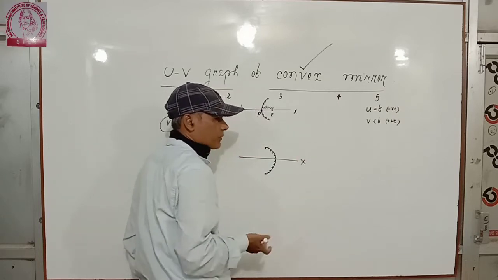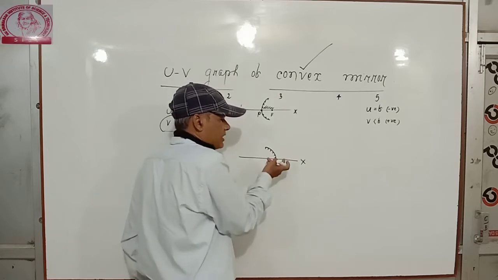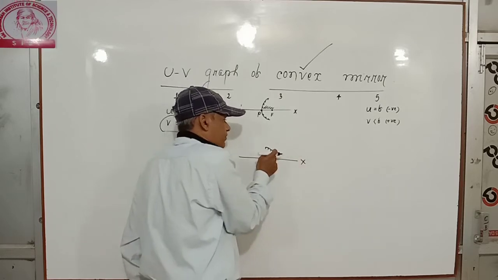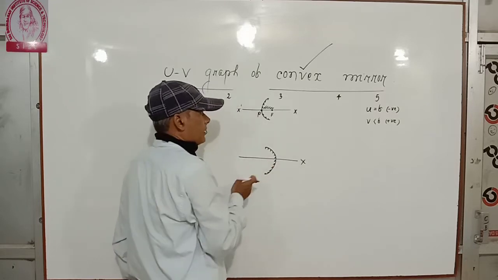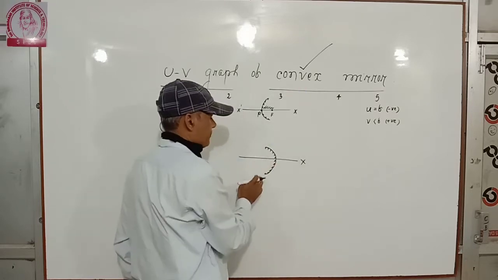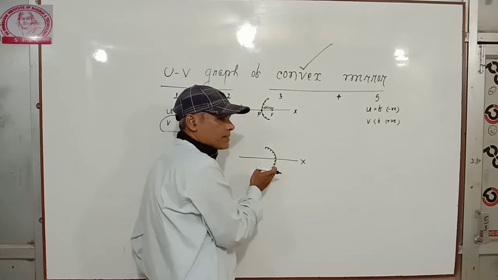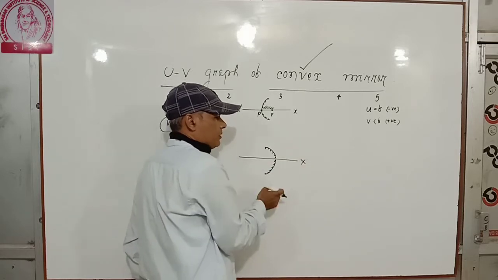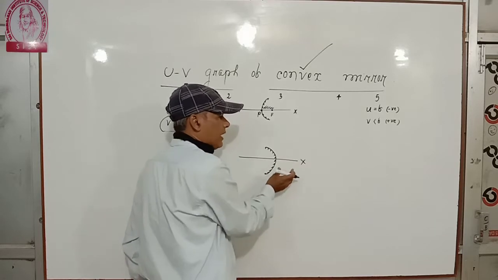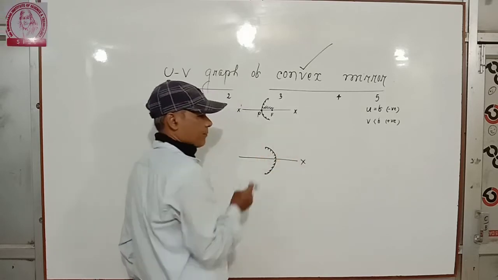So the object will be placed in front of the mirror. This is the reflecting surface. This is a convex mirror. It faces towards positive x-axis. So object distances are positive.